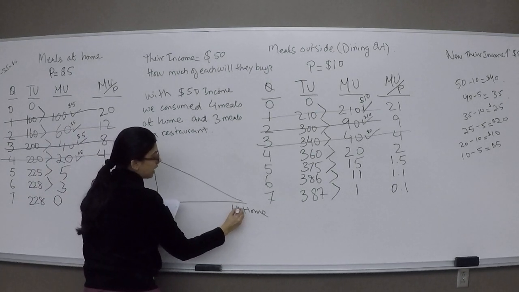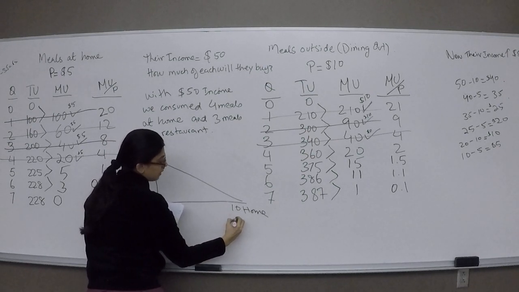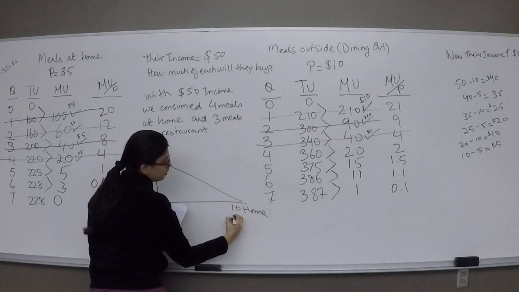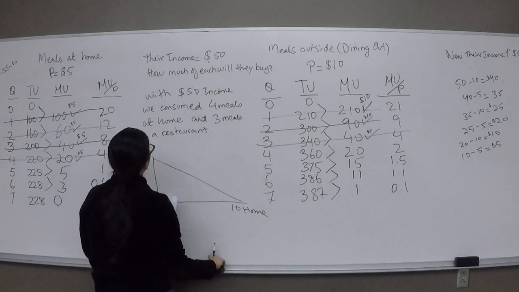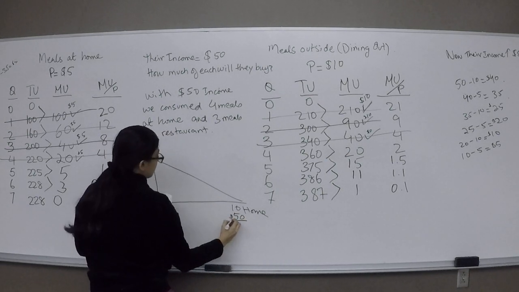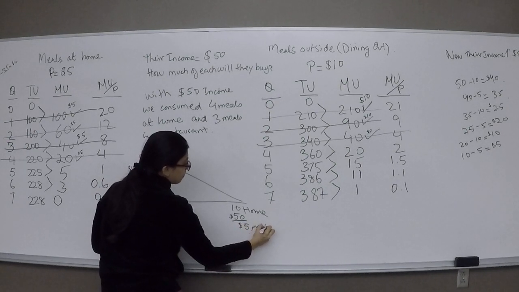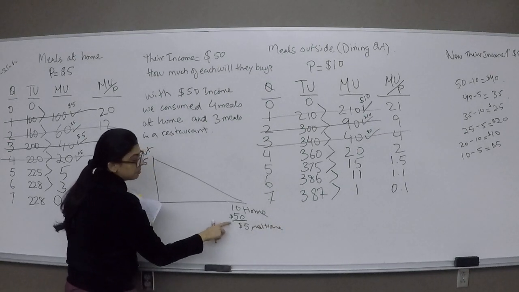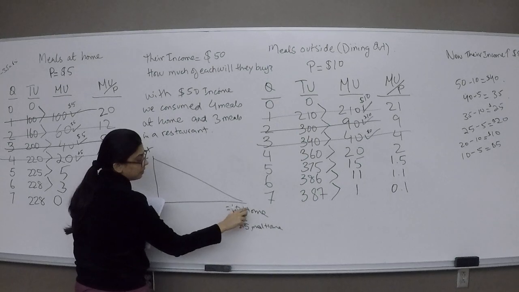Or you can eat 10 times at home because income is $50 divided by $5 per meal at home. Income divided by meal price will give you 10 meals at home.